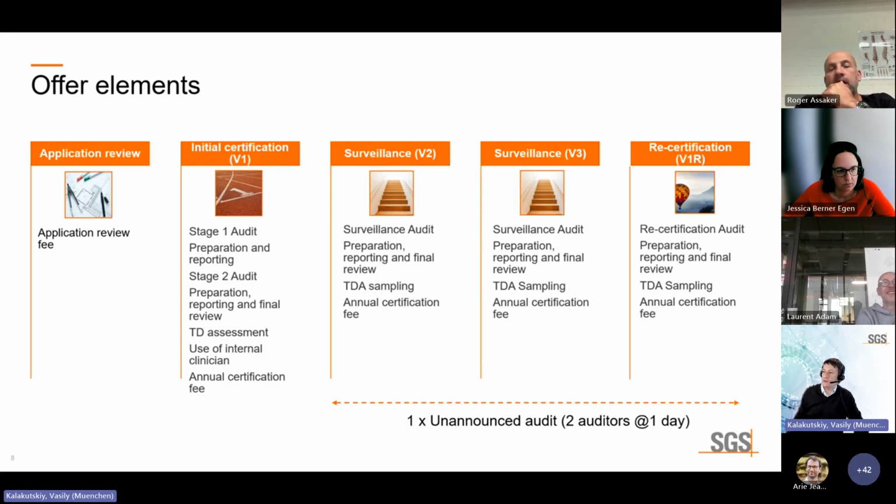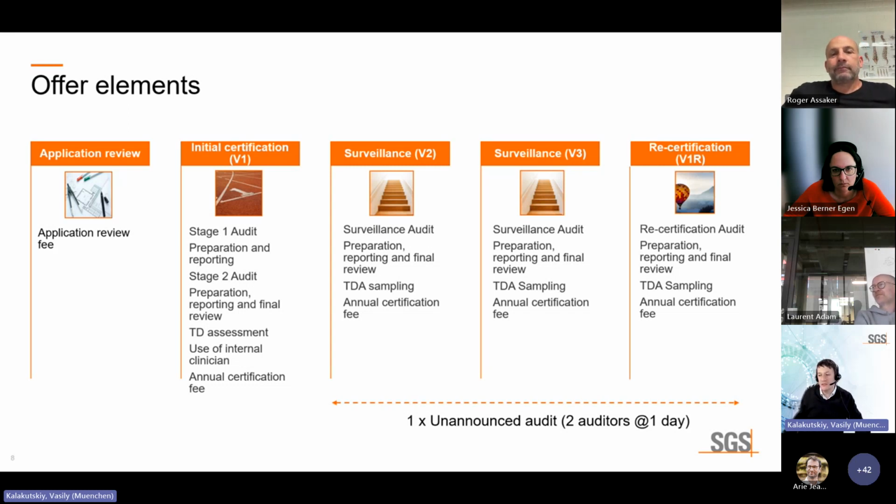Then we have 4 other blocks of quotation, which are the initial certification, the surveillance audit in the second visit, a surveillance audit in the third visit, and the recertification. The initial certification is split into stage 1 audit, stage 2 audit, and corresponding preparatory tasks.